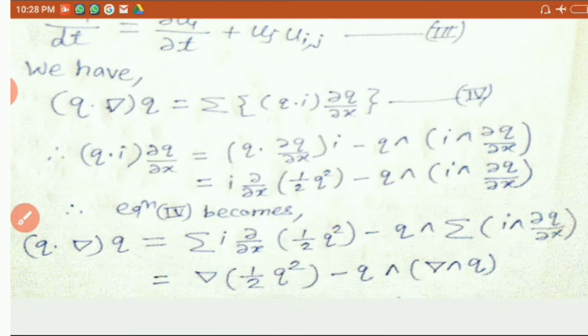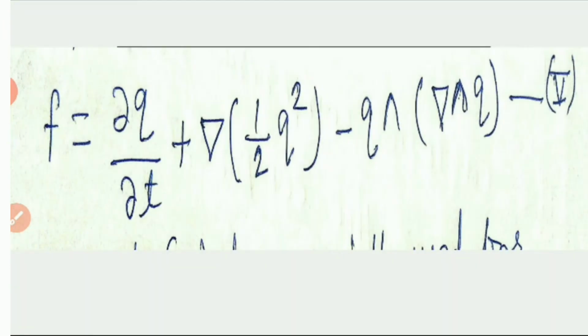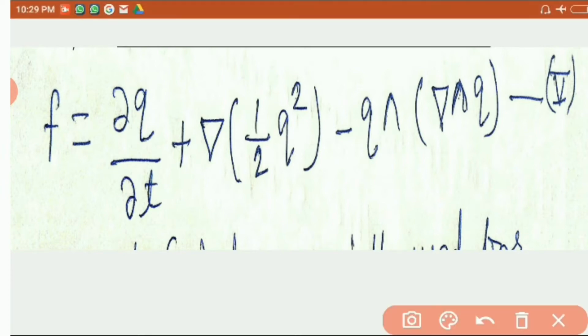So what do we get? This equation first can be developed in this form: F is equal to dou q by dou t plus del 1 by 2 q square minus q cross del cross q.